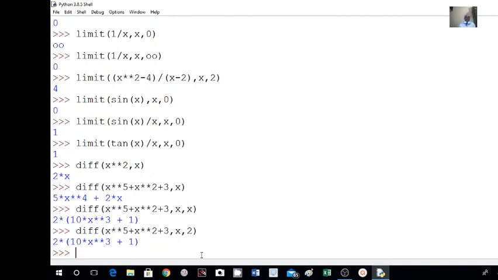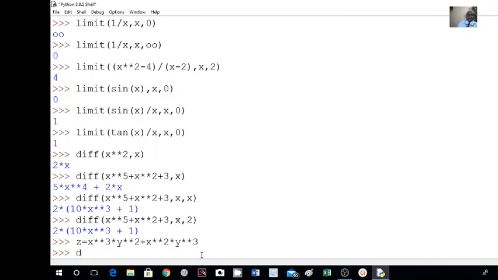And if the function is, say, I define z is equal to x to the power of 3 star y square plus x square star y cube. This is my z.